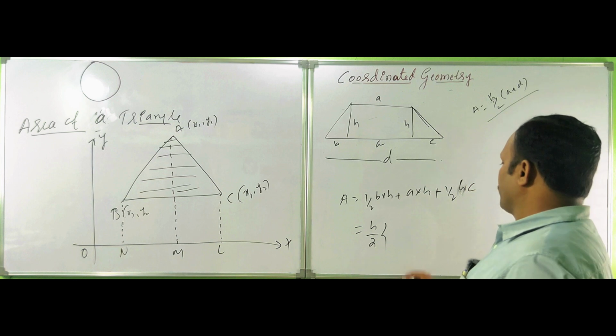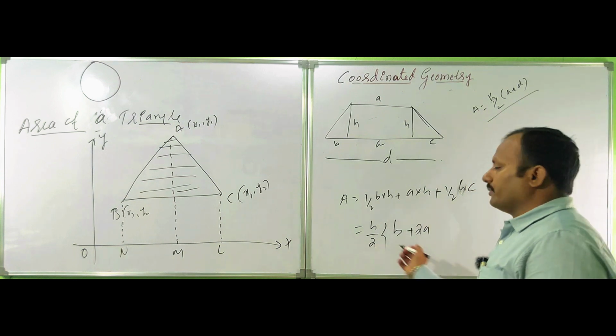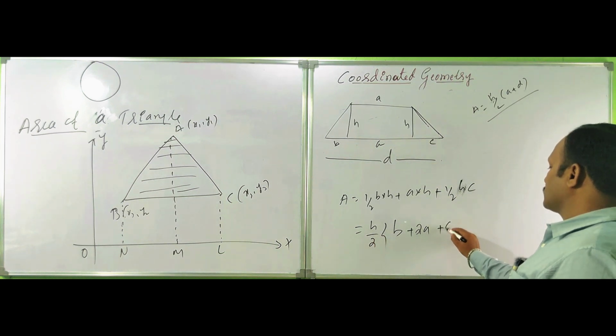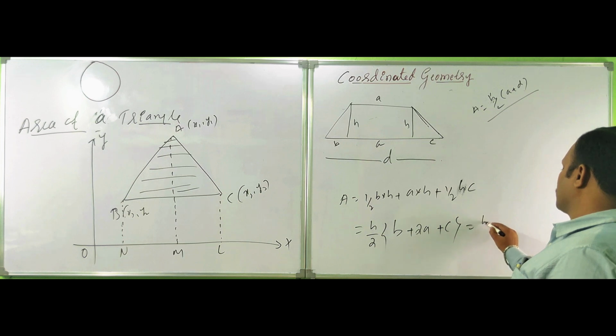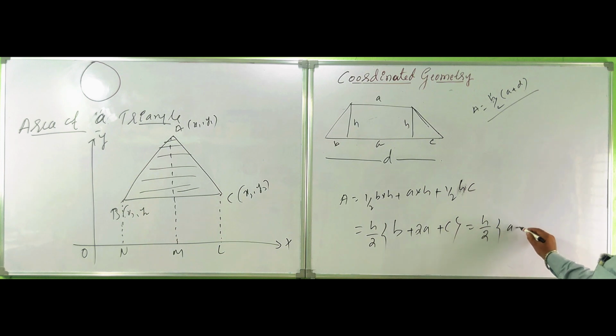What is left is B plus 2A plus C, so this becomes H over 2 into (A plus B plus C). That is the formula.